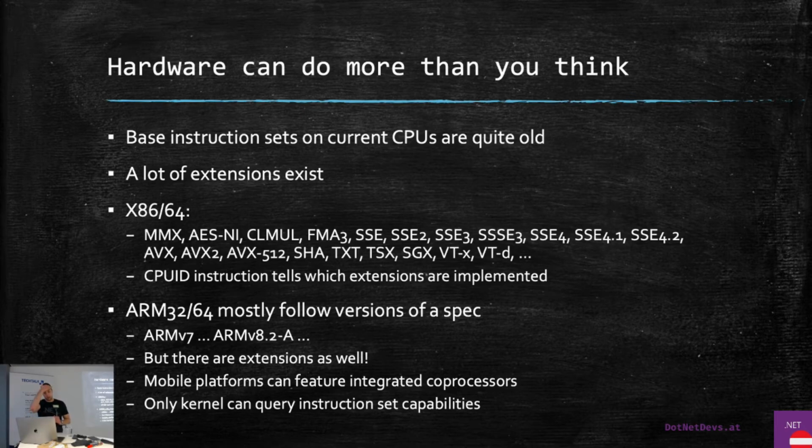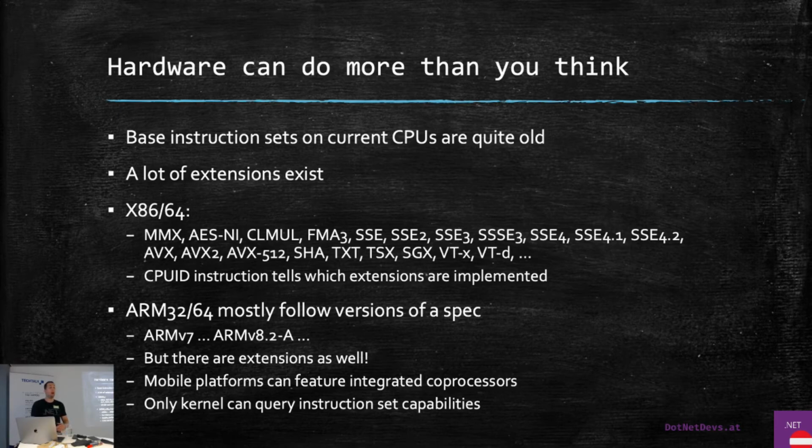The interesting thing is, while in the Intel space, we're mostly having extensions to the instruction set, ARM actually versions their instruction set. So there's like ARM 6, ARM 7, ARM 8 is now 64-bit, and then there's like 8.2. I think we're now at 8.5, something like that.